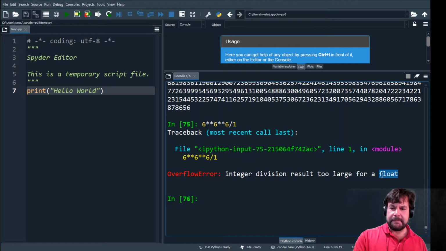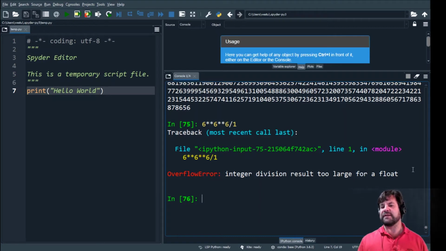All right, sure. So no, it's not random. It is predictable, but you have to know the internals of how the calculation is being done.